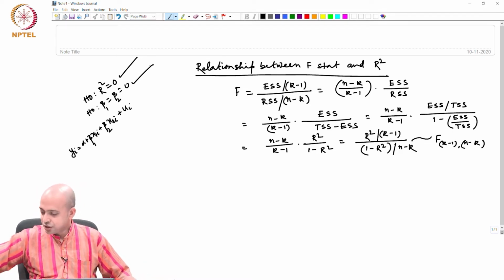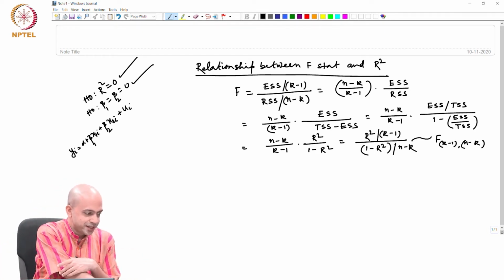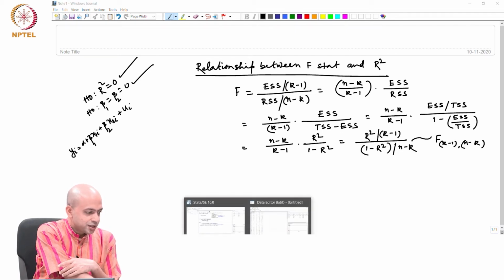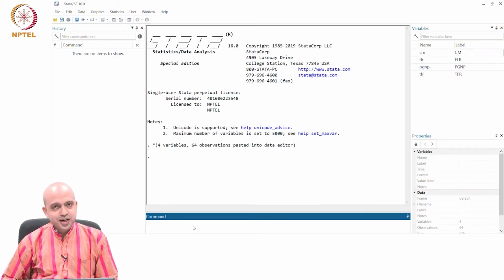For example, what we were testing yesterday, the model, our model was child mortality rate explained by female literacy rate, FLR, and PGNP.